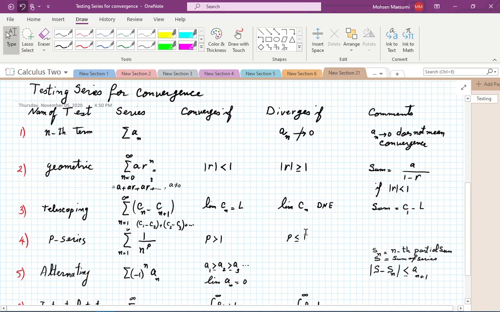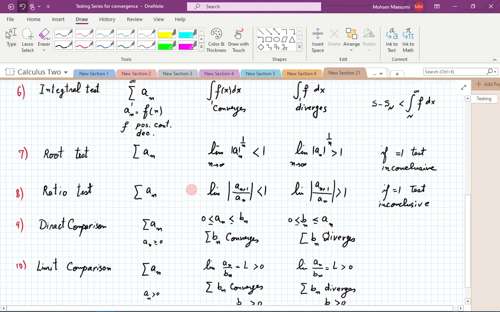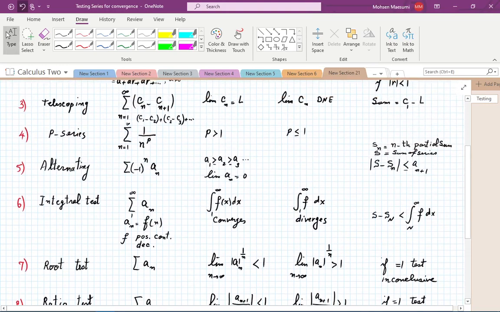Next, we had the case of the alternating series, as in a1 minus a2 plus a3 and so on. Such series converge if the terms decline towards zero. And we had a simple way of approximating these.